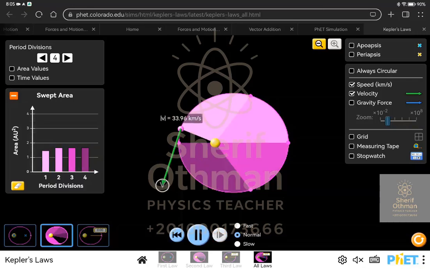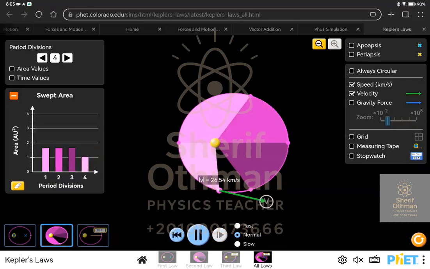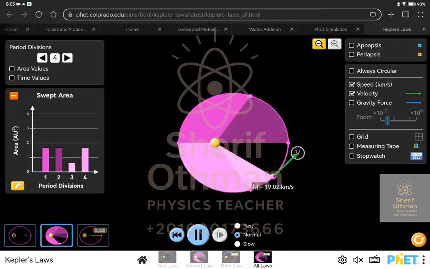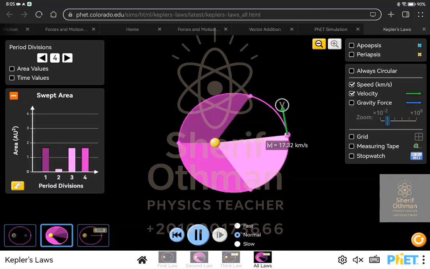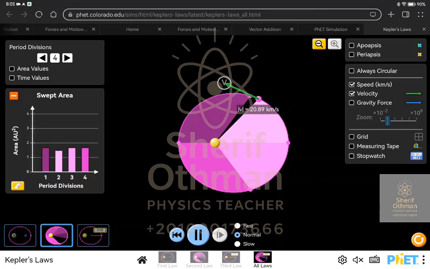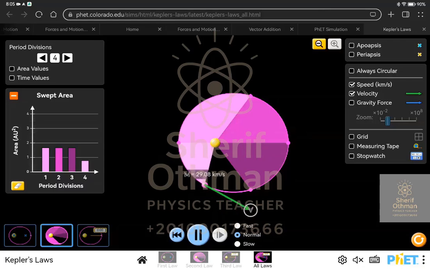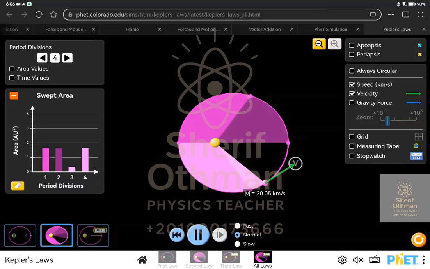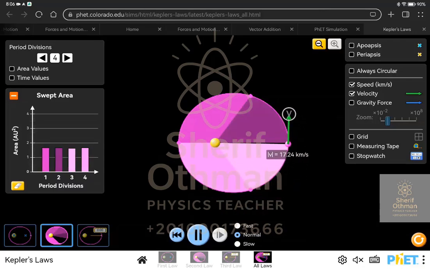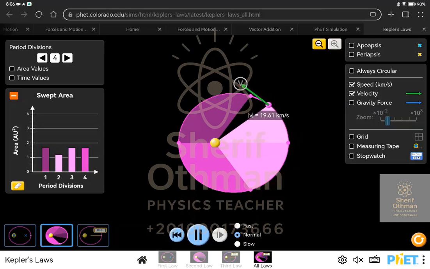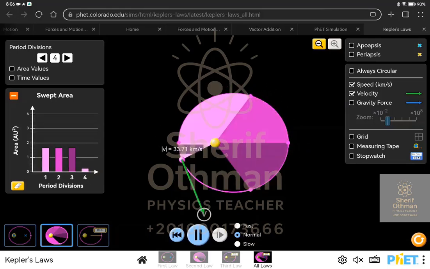By the end, the line joining the planet and the sun covers equal areas at equal intervals of time. As you can see, guys, the graph at the left side shows the areas, and in the same time, the areas are equal and the time is equal.